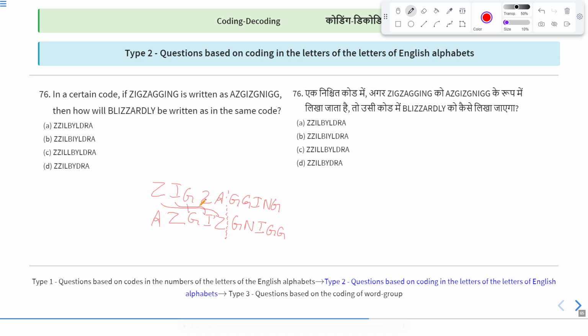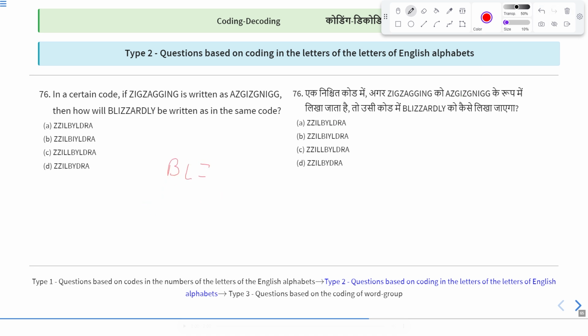Zig, zag. See, this A is moved here, this Z has moved here. These two G have moved here. This G is last. Well, this G is first. Then N, I, G. Zigzag. So divide the letter in half and then swap.